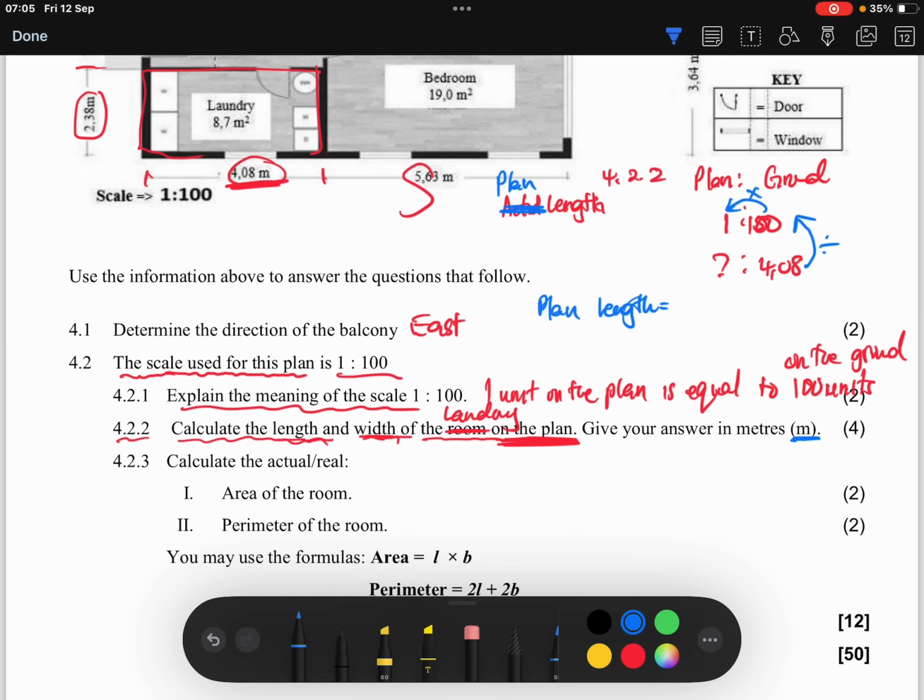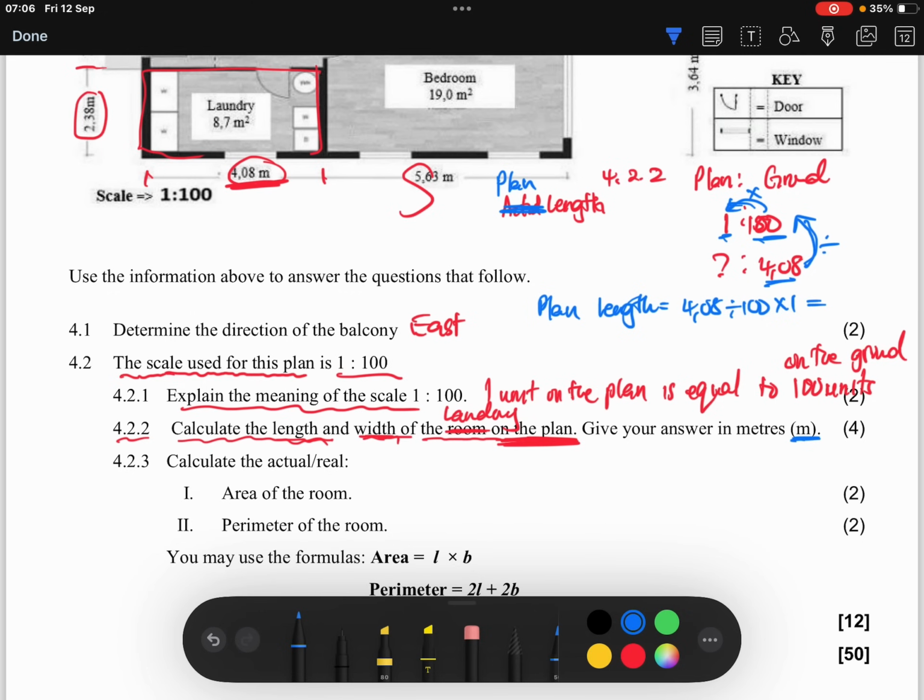So it's going to be 4.08. We divide by 100, we times by 1. This is what we're doing: 4.08 divided by 100, times by 1.